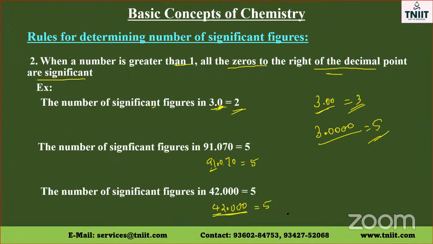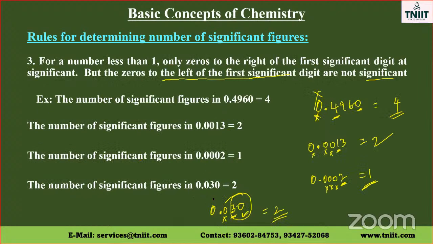Second point, zeros present on the right side of a non-zero are significant when the number is greater than 1. The third point, if the number is less than 1, only zeros to the right of the first significant digit are significant.